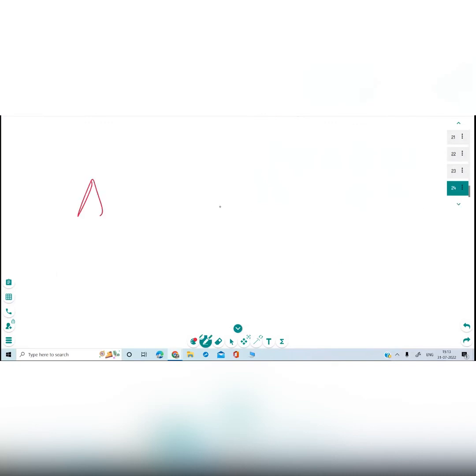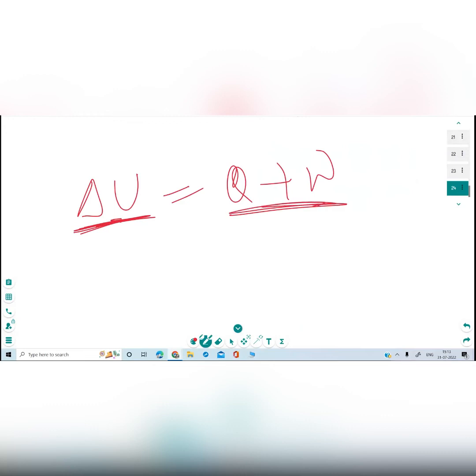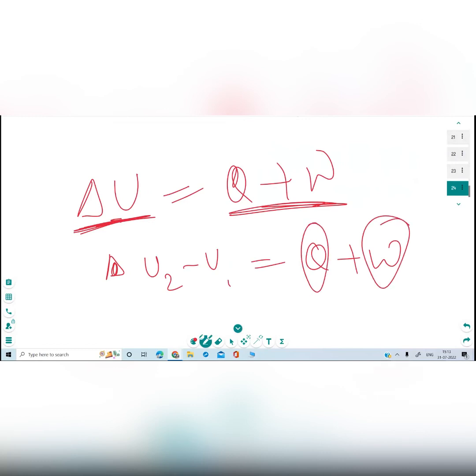What they are trying to tell you is, only this is changing, these two are not changing. So del U is basically U2 minus U1 is equal to Q plus W. But you also know very well that this Q and W will depend on minus or plus. So it's just the way of writing it. There's nothing wrong.